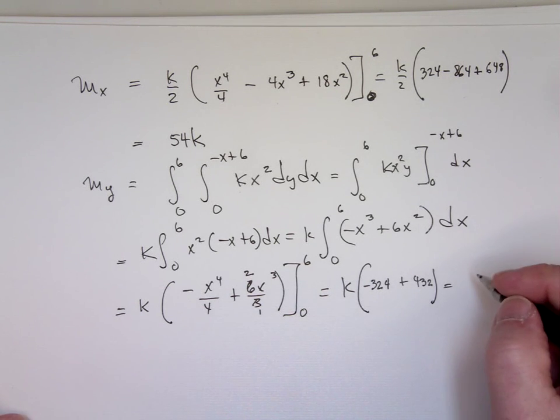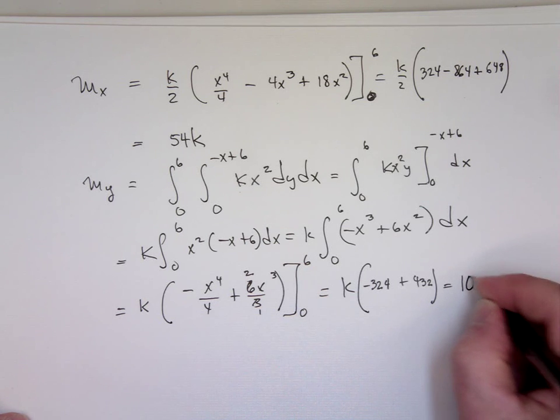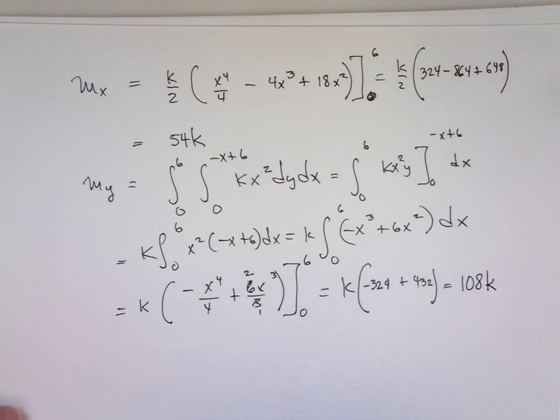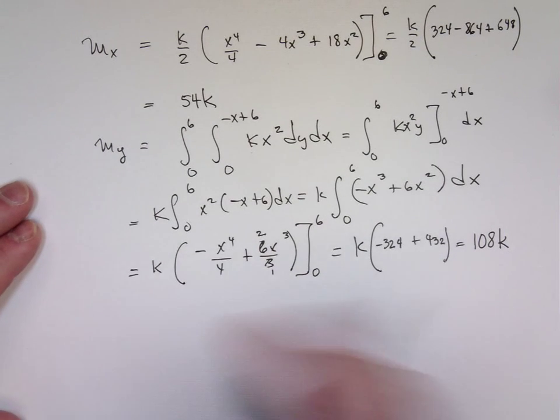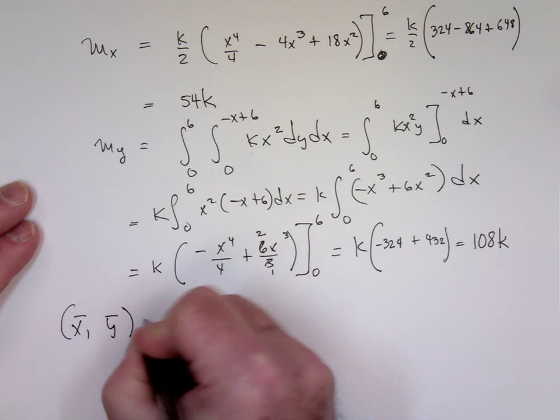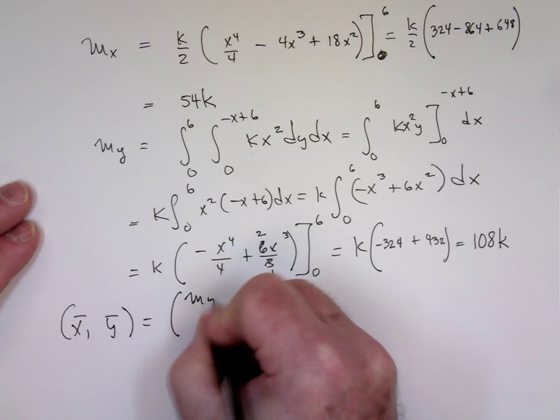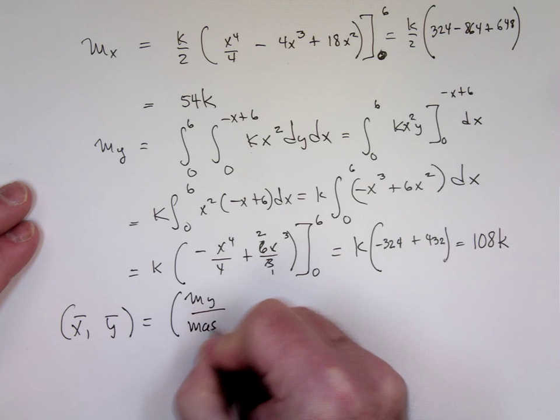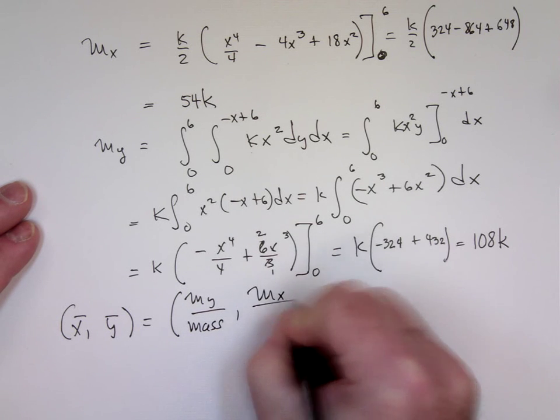Yes, 108k. Now, that's the moment generated by this object about the y-axis. Here's what I have. My centroid, x bar, y bar, is the moment from the y-axis over the mass, and the moment from the x-axis over the mass.